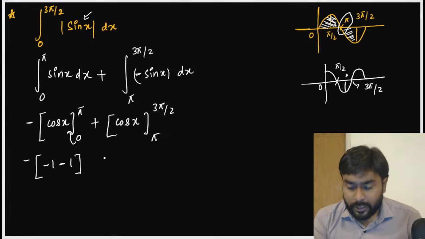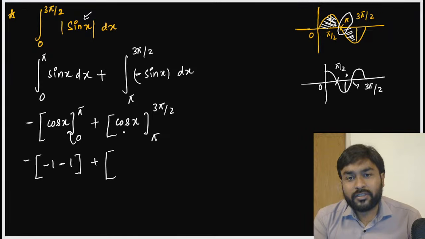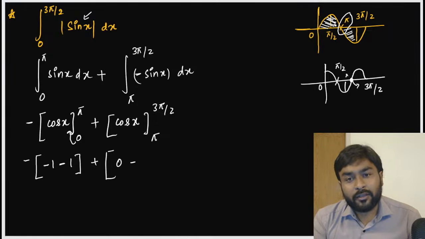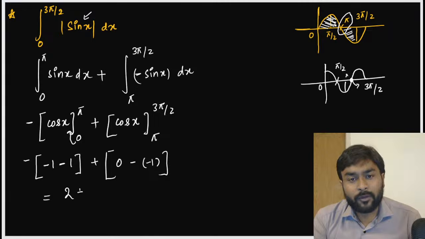This part is over. Then here plus: cos at 3 pi by 2 is 0, then minus cos pi, and cos pi is minus 1, so it will become plus 1. Here also minus will come out. It will become 2, it will become 1. So finally, 3.